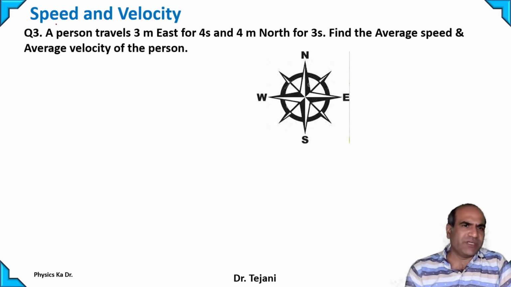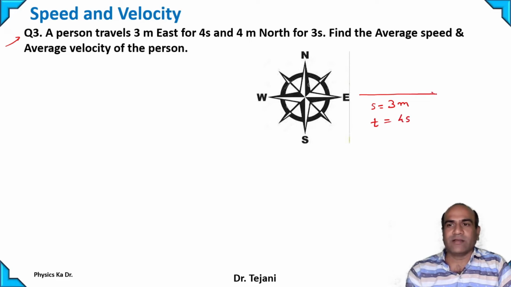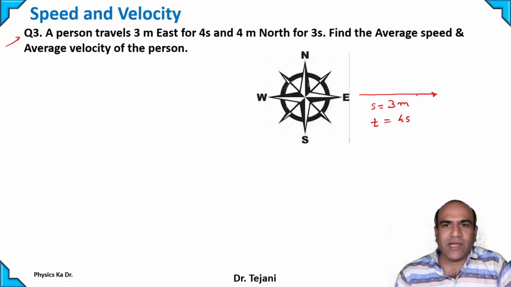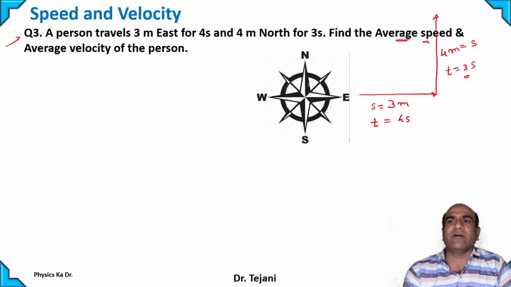Let's have question number 3. A person travels 3 meter east, in a time taken of 4 seconds, right? And 4 meter towards the north, that is the upper direction, and the time taken is 3 seconds. So find average speed and average velocity.